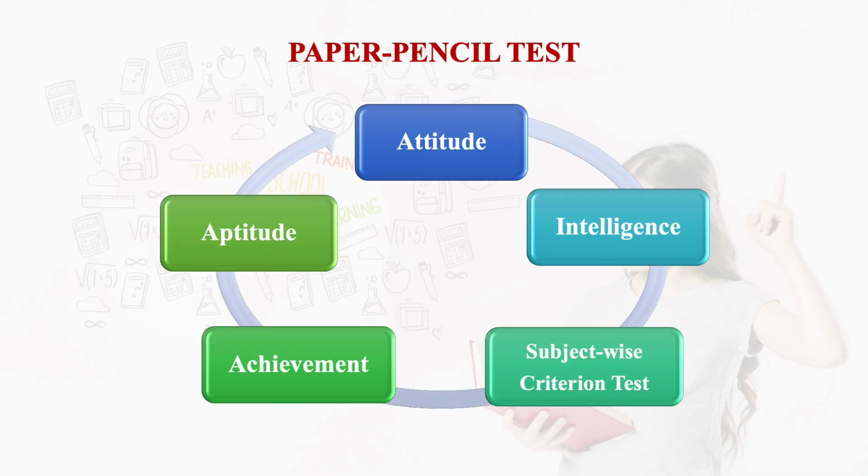Then further, so far as paper pencil test is concerned, we can say that these are the certain tests that can be done by using paper and pencil: attitude, intelligence, subject wise criterion test, then achievement and aptitude. Now try to understand the specific use of paper pencil test and oral test. Before differentiating these two, let me discuss the concept of an oral test.